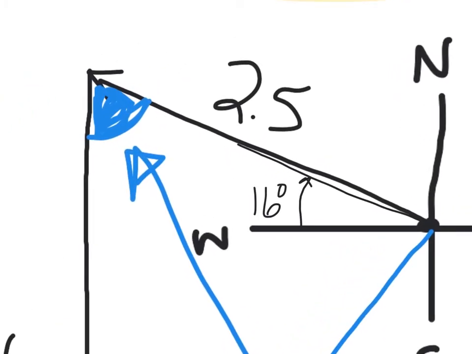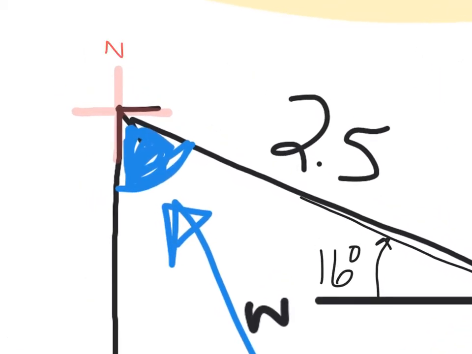Let's draw another compass at this point where she turns. Once again, this is north, and this is east, and this is south, and this is west. If she walks at 16 degrees, that means that this is also 16 degrees, because we can continue on. 16 degrees north of west is the same as 16 degrees south of east.